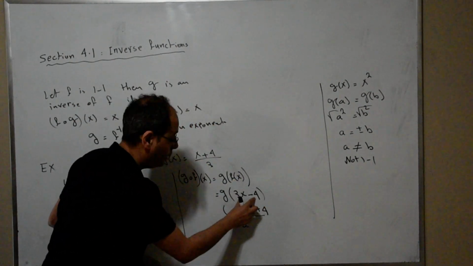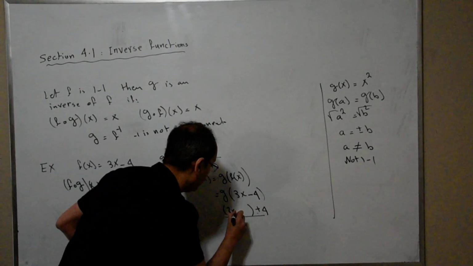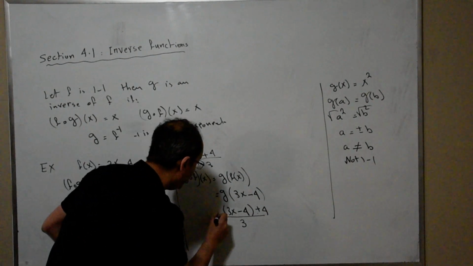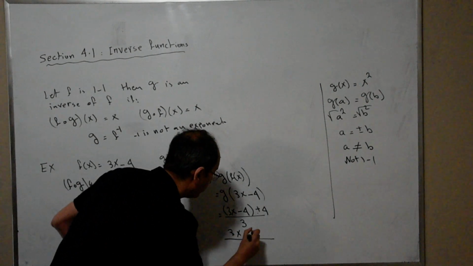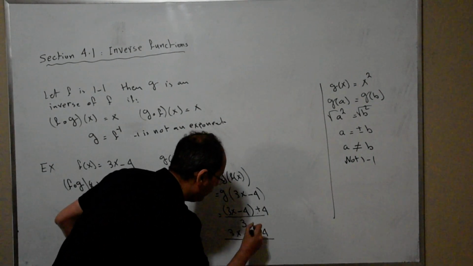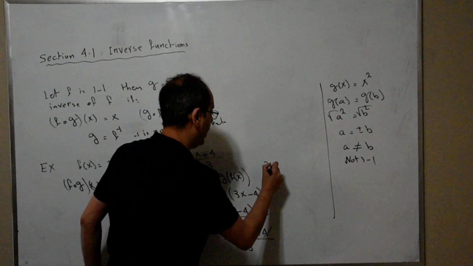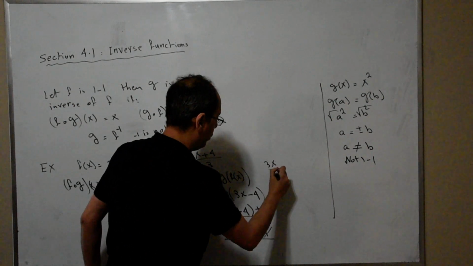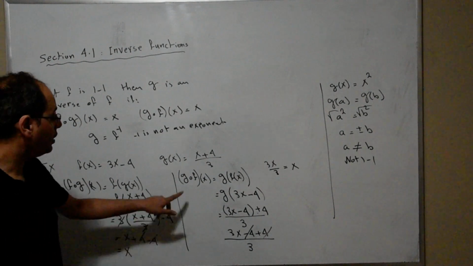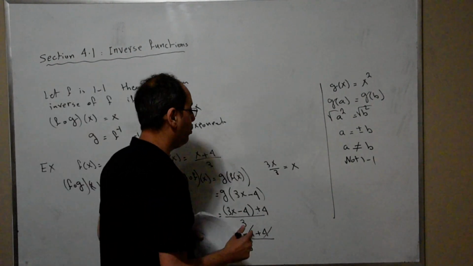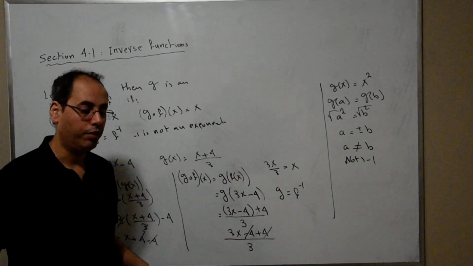And now I plug in this input, which is 3x minus 4. So now I have on the numerator 3x minus 4 plus 4 over 3. So -4 and 4 cancel out, and I got 3x over 3, which is x. Now, I have f of g of x is x, and g of f of x is x. Therefore, g is the inverse of f.